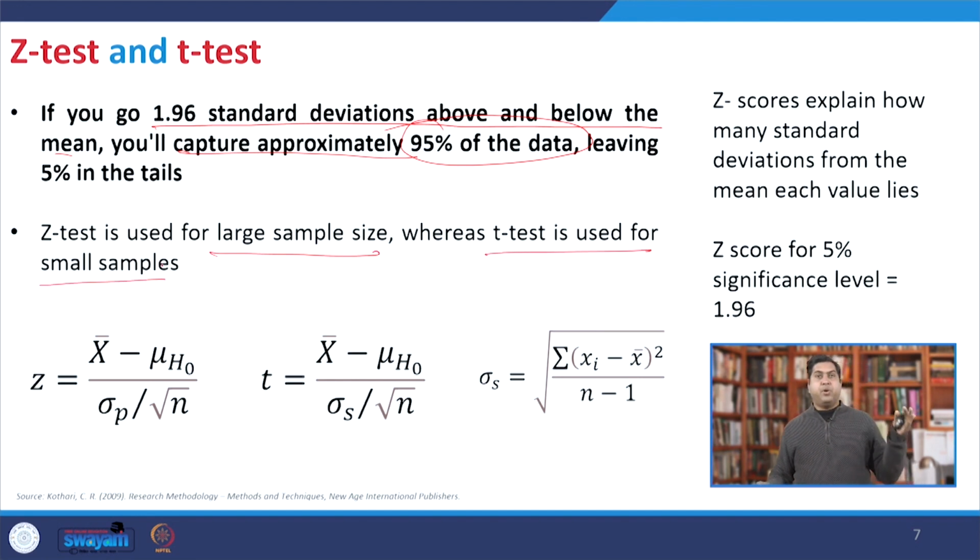So, whenever you have population data, or the data is almost close to the population, and you also know those population parameters like the mean or variance, you can go for Z test, where you have this equation.